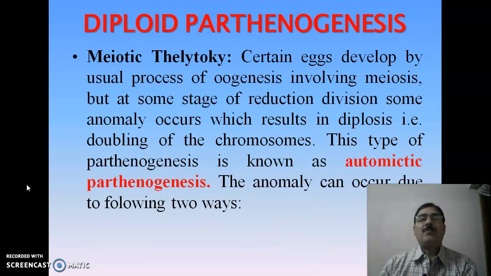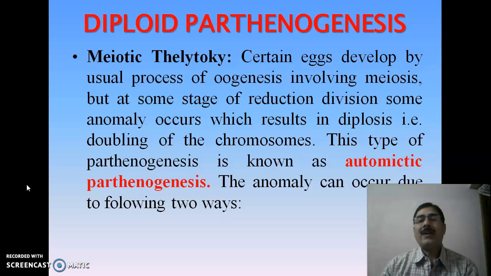In meiotic thelytoky, there are certain eggs which develop by the usual process of oogenesis involving meiosis. It means the reductional division is there, but some anomaly occurs after the reductional division, which results in diplosis. It means doubling of the chromosomes, and this type of parthenogenesis is known as automictic parthenogenesis.